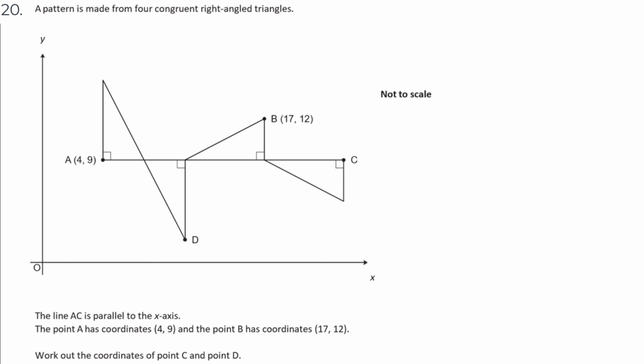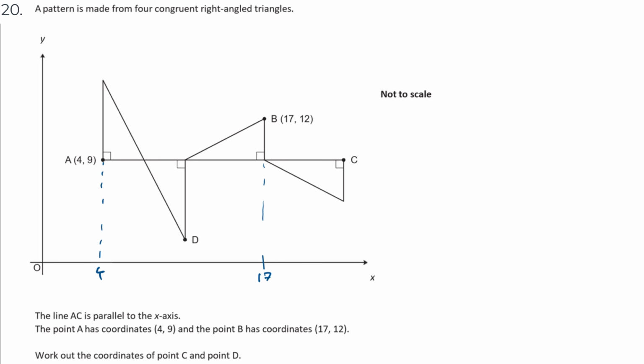Now, what information do we know? We know this point over there, B. So we know that this down here has got to be 17, isn't it? Okay. And this value down here is 4. Okay, so the distance between there and there is 13, isn't it?